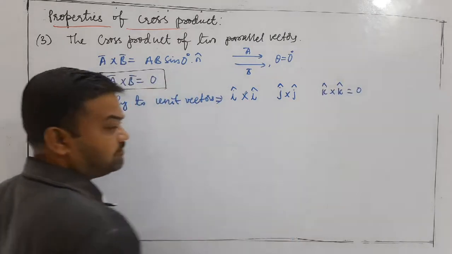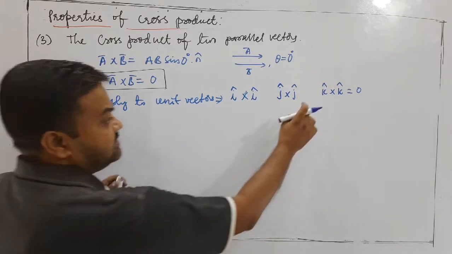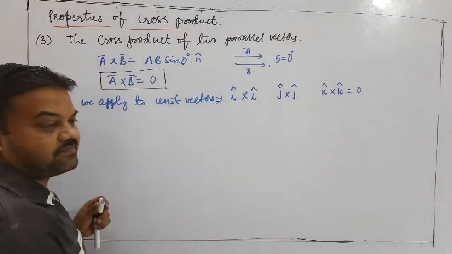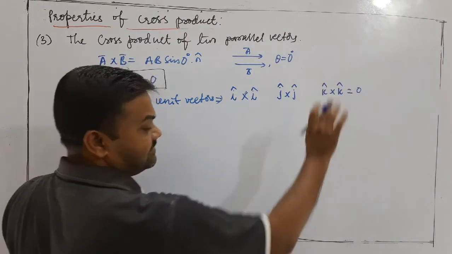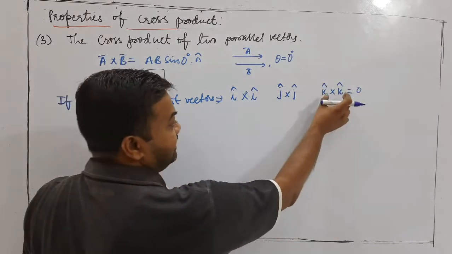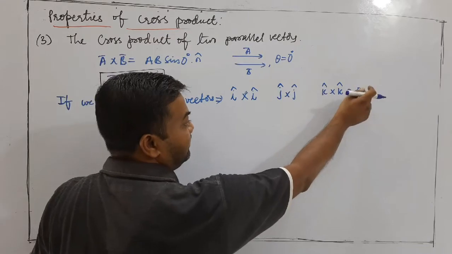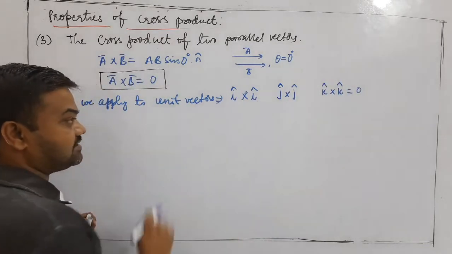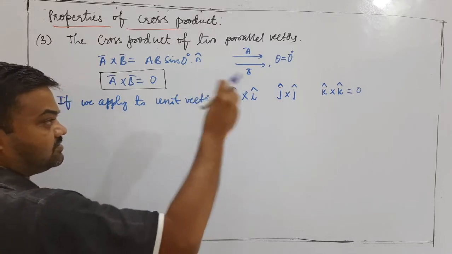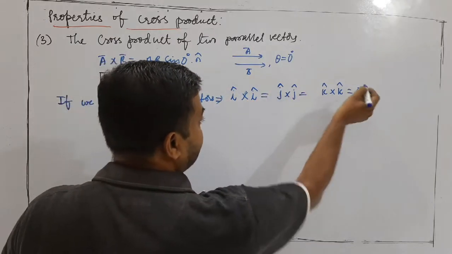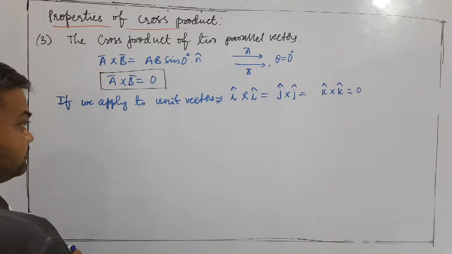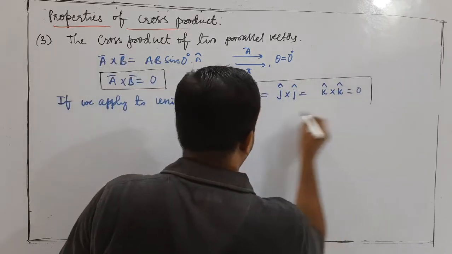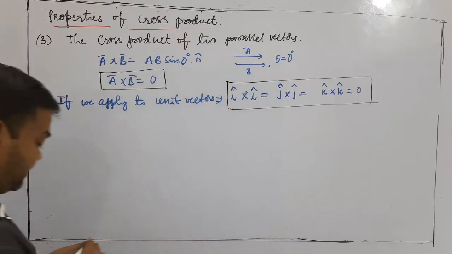It must be 0, because these vectors are lying along the same axis. That's why these two are parallel vectors, the angle between them must be 0, and finally the cross product is 0. In the same way, i cap cross i cap, j cap cross j cap, finally you will get the same value. If you apply it to unit vectors, it will be like this.